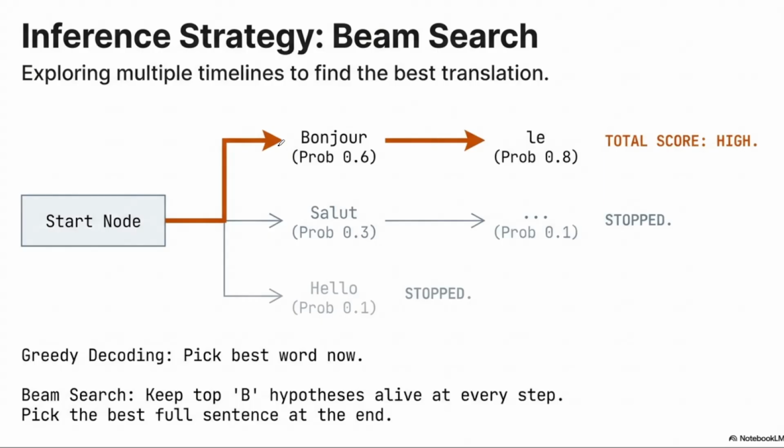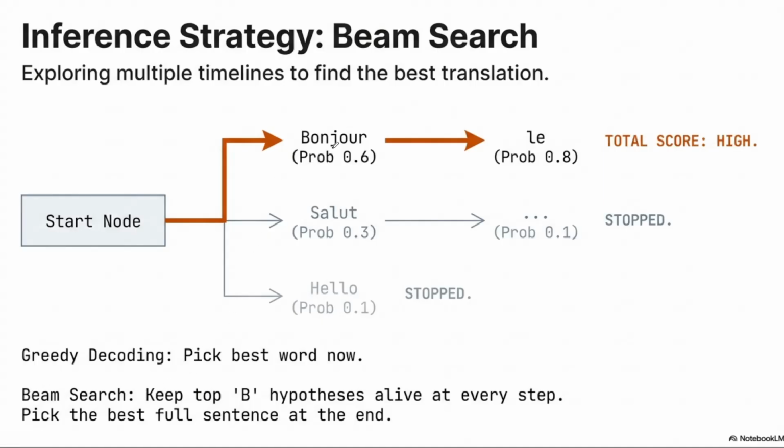For the inference strategies, we have 2 main strategies. There is greedy decoding, which picks the best word at each step. Because bonjour had the highest probability, we would select it and then go to the next one, also selecting the highest probability. There is also another method called beam search.